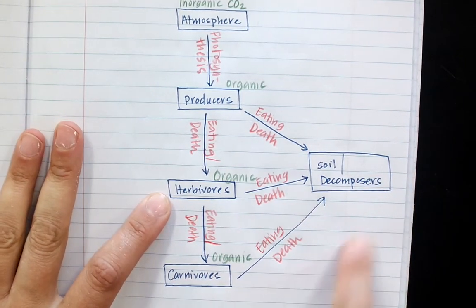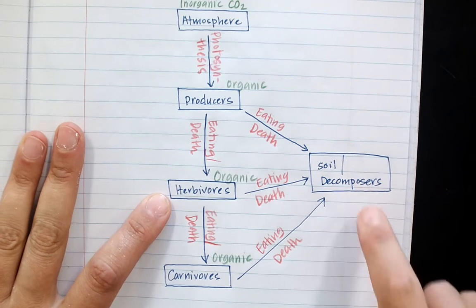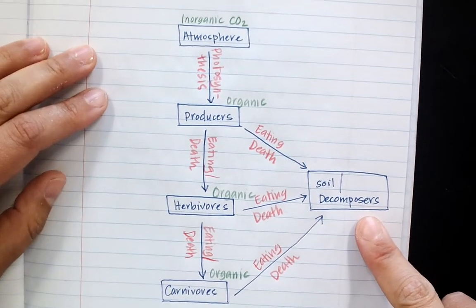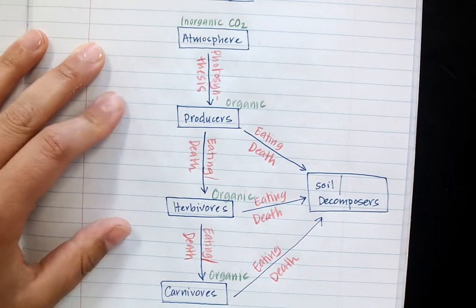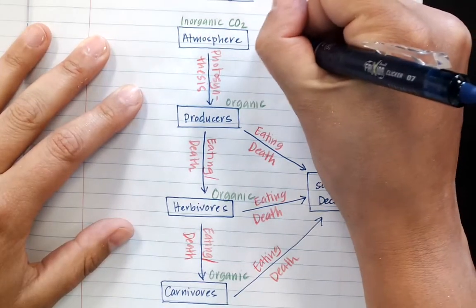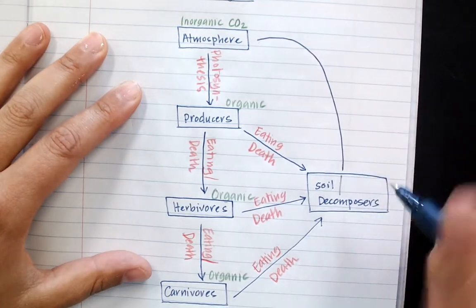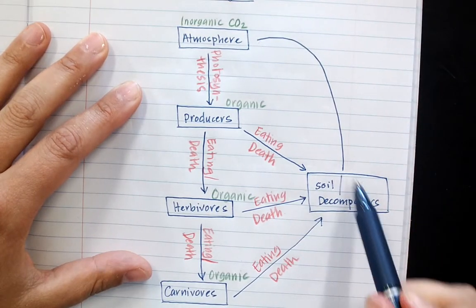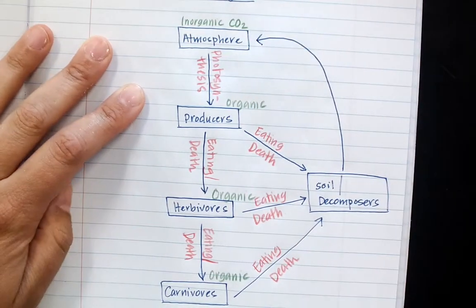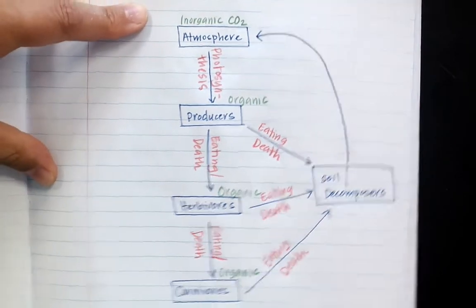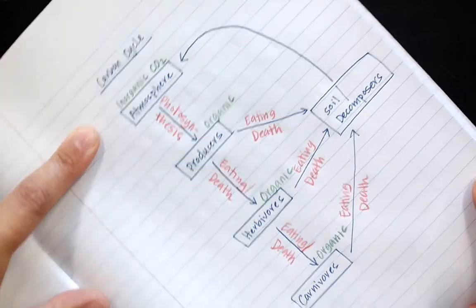Now once that carbon ends up in my soil decomposers, they are going to do cellular respiration. And cellular respiration is going to move that carbon from these soil decomposers, and it's going to release it back into the atmosphere as inorganic CO2.